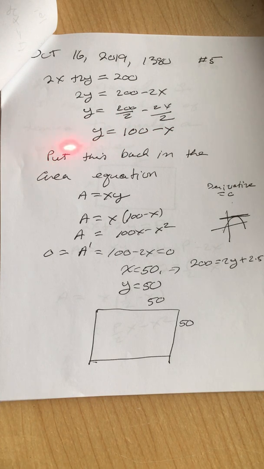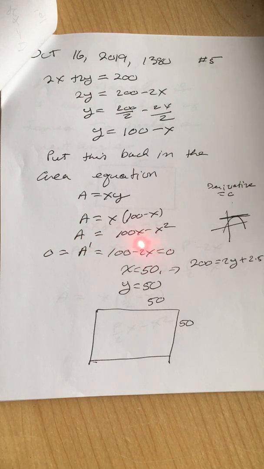Then we can put this back in the area equation. So the area is x times y. That area is x times 100 minus x. Now notice I've got only one variable. So we're in calculus 1. And then this is 100x multiplied through by x. This is 100x minus x squared. Now I'll take the derivative and set it equal to 0.